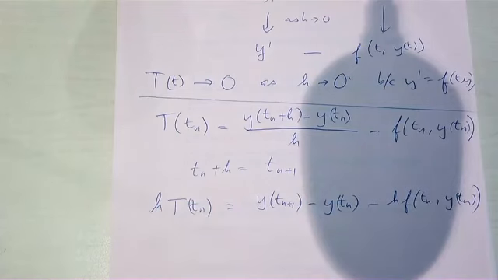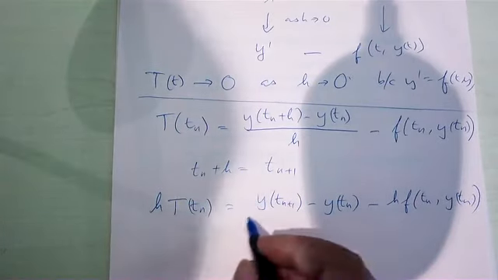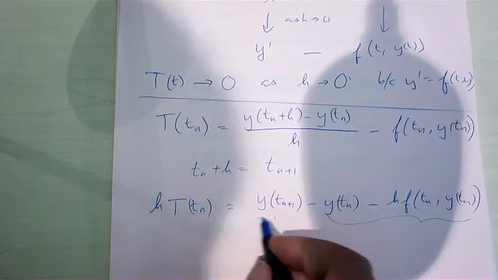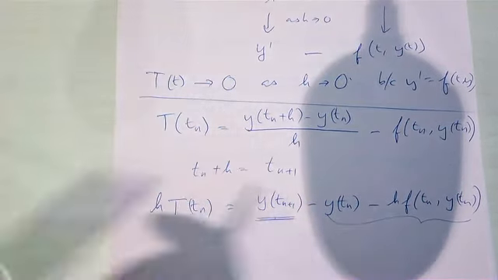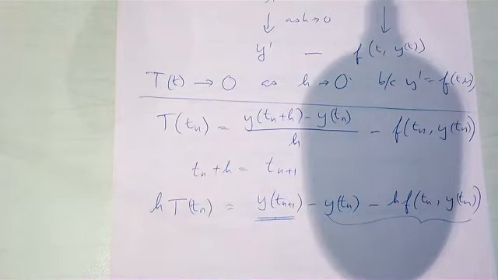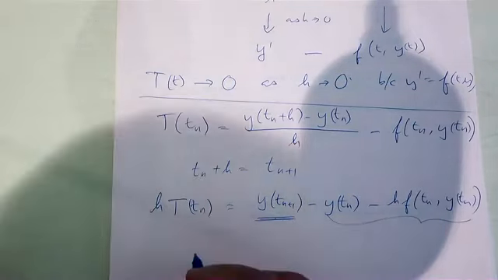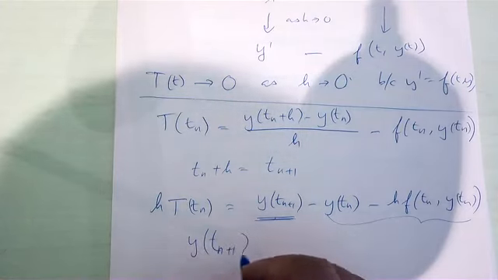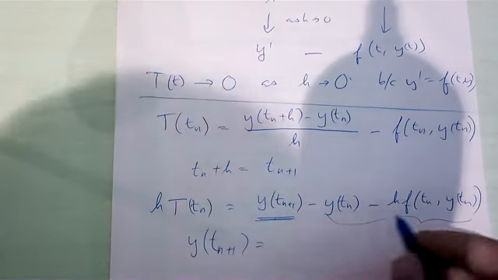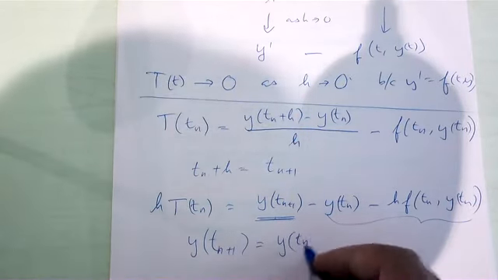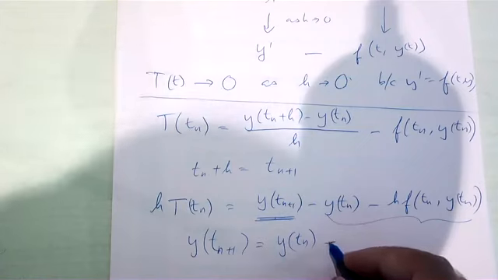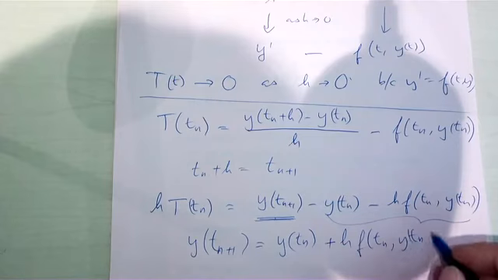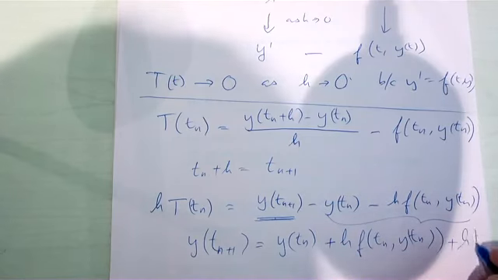And I rearrange it a bit more, so I just move everything here to one side and move this one to another one, yeah? Then I have exactly this equation 10. Okay? So then I just have y(tn+1) is just y(tn) plus h f(tn), y(tn) plus h τn.